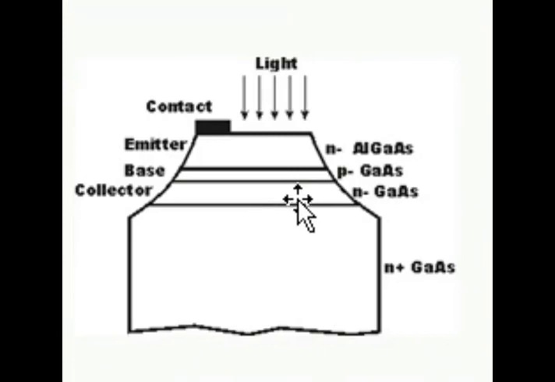The third layer is a wide band gap N-type aluminum gallium arsenide emitter layer, and the radiation is incident on the device. It passes unattenuated through the wide band gap emitter and is absorbed in the base collector depletion region. A large secondary photocurrent between the emitter and collector is obtained as the photogenerated holes are swept into the base, increasing the bias on the device.